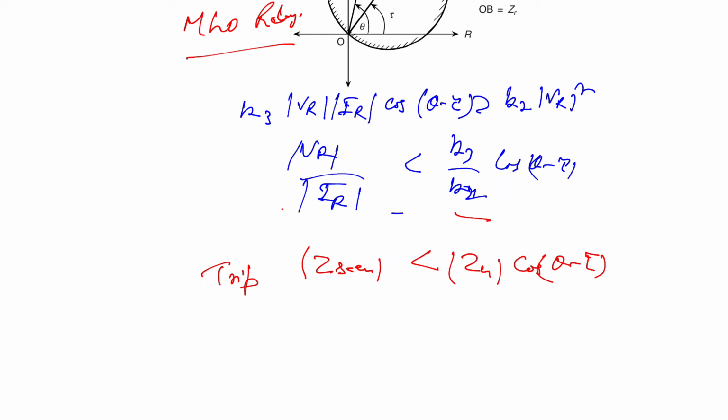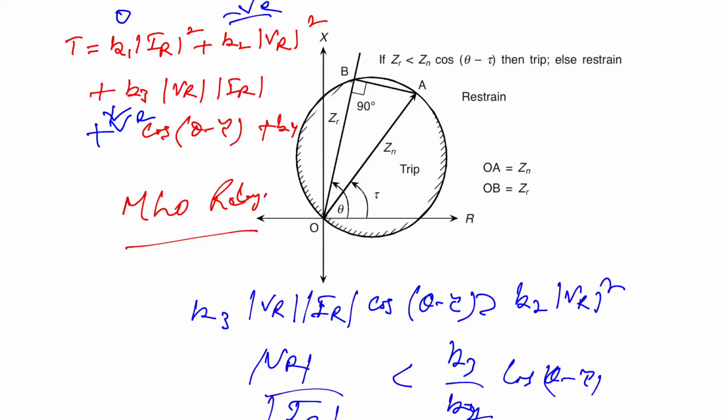Now the relay characteristic is given by this diagram. This is the relay characteristic, represented in the RX plane by this one. You will see that ZR should be less than Zn cos of theta minus tau.